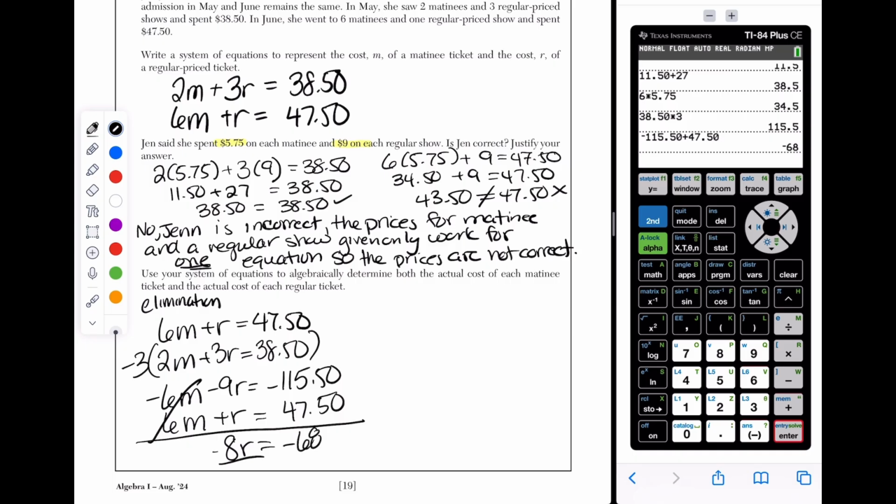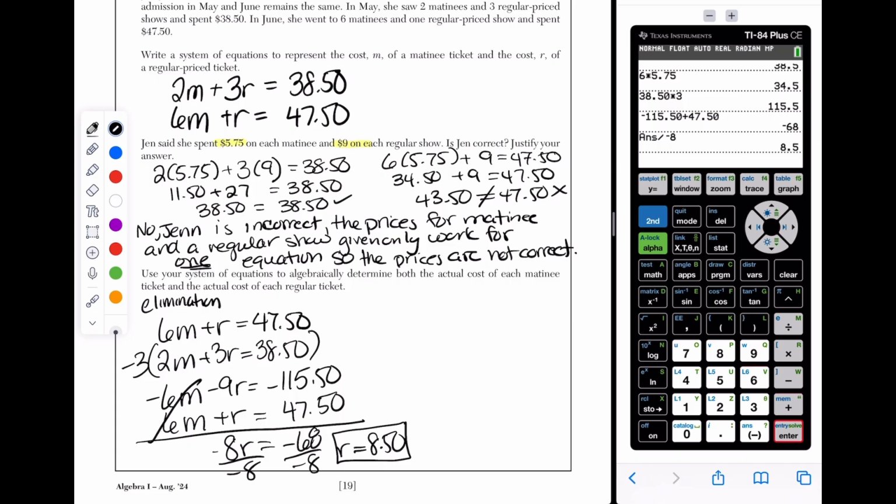And now I can divide both of these by -8. And I get R is equal to 8.50. So that is the price for a regular matinee.